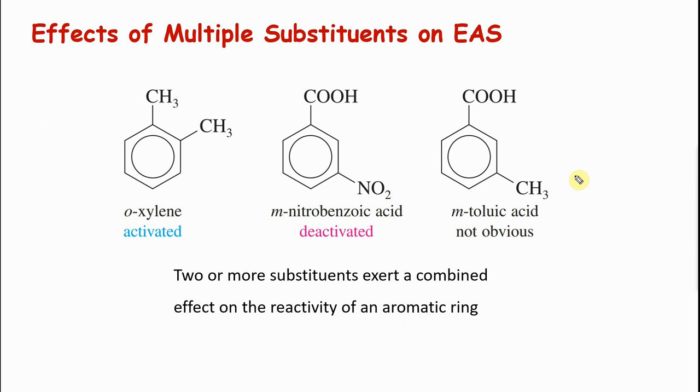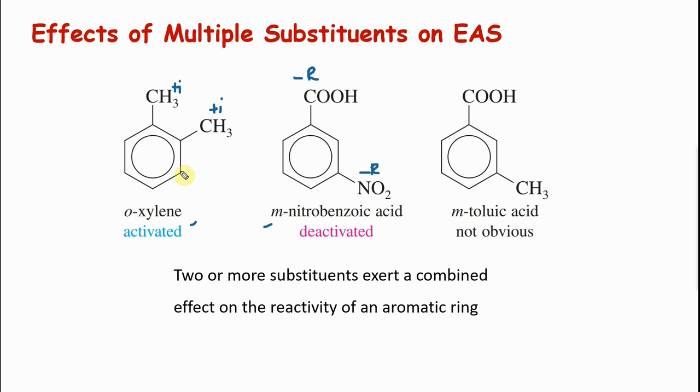Now what if there is more than one substituent? If it is like this, we can say this is plus I, good. This is minus R, good. Both are deactivating, both are activating, good. I can decide where I want to go.